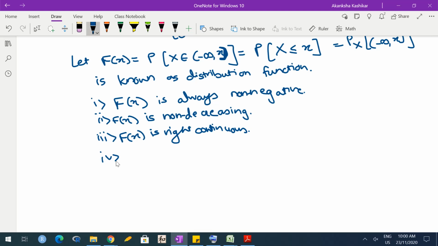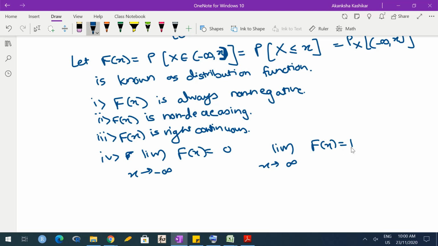And fourth property is limit x going to minus infinity FX is 0, and limit x going to plus infinity FX is 1. We can use continuity of probability measures to prove this. Every standard book has these proofs and they are quite easy to understand, so I am not going into the details here. Okay, so FX is a distribution function.